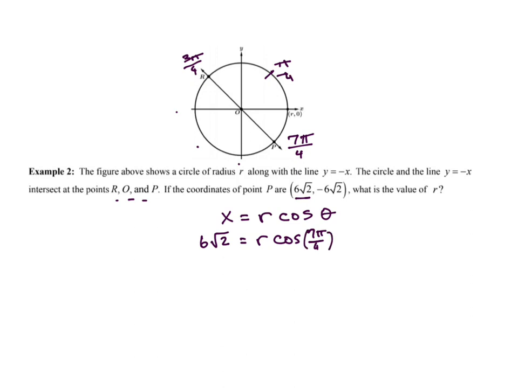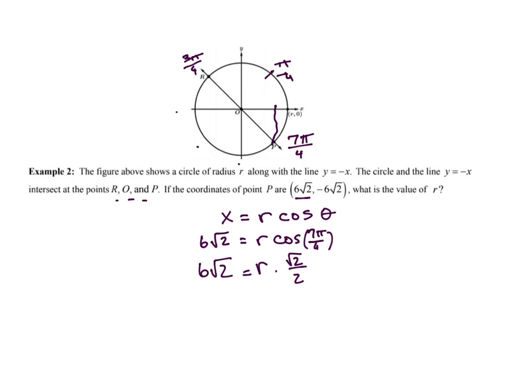And so now I'm going to evaluate and solve for r. What is cosine of 7 pi over 4? Square root 2 over 2. Is it positive or negative? Positive, because it's in quadrant 4. So that's a positive square root 2 over 2. So r times square root 2 over 2 is equal to 6 square root 2. Are y'all following this?